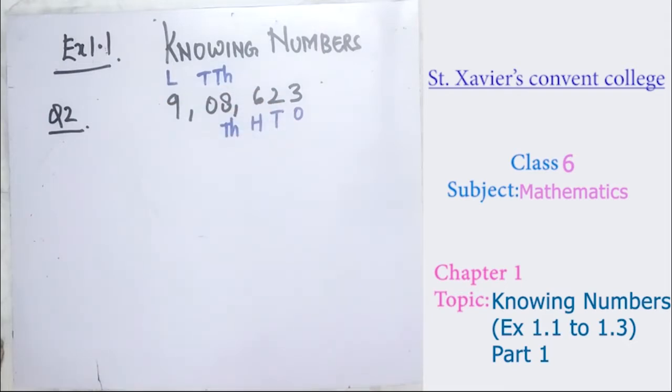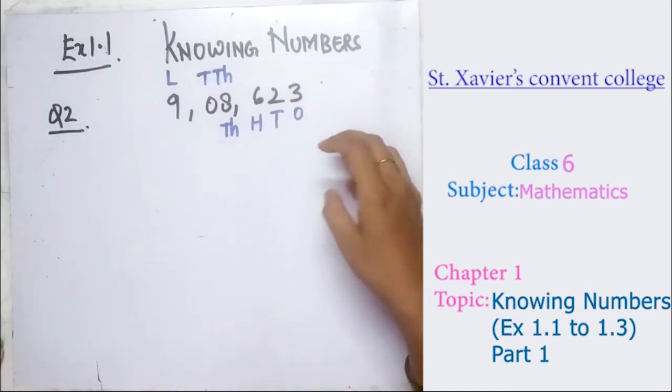This is the way you are going to number. You have to name the place values.